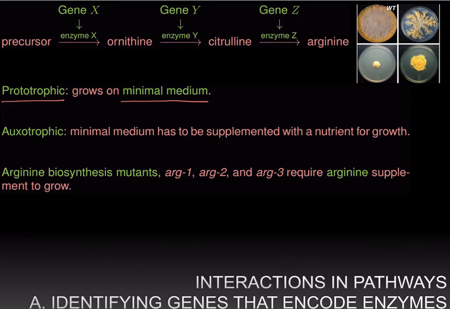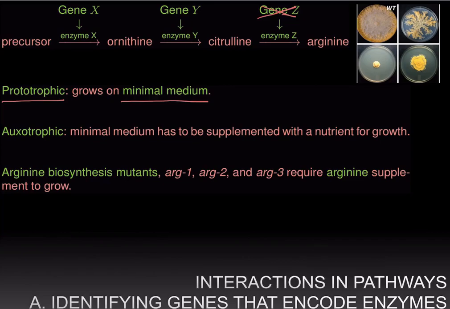containing just glucose. However, if you have mutant Neurospora in which one of these genes, let's say gene Z, has been mutated, then they will not be able to synthesize arginine or whatever complex molecule synthetic pathway that we're working on. It won't be able to synthesize this complex molecule starting with just minimal medium.